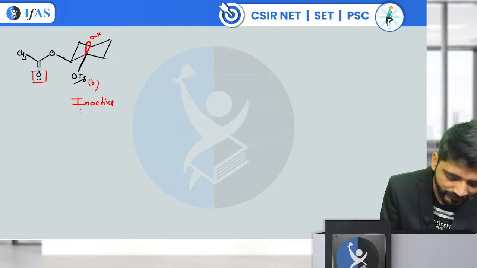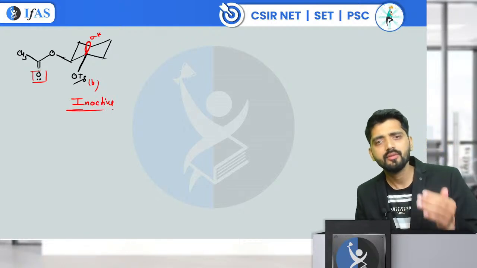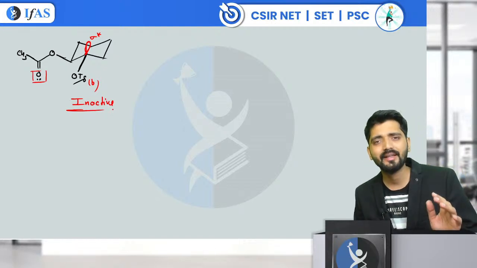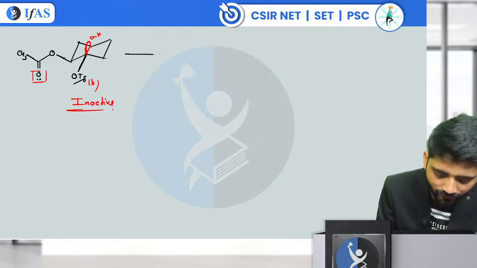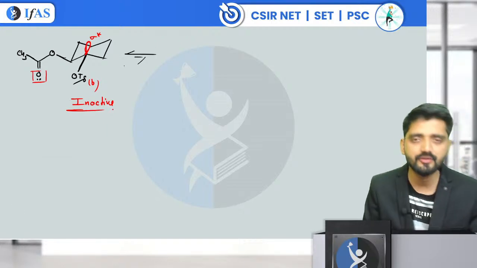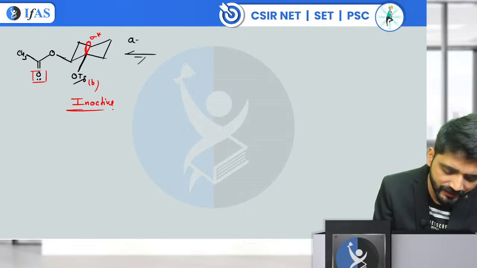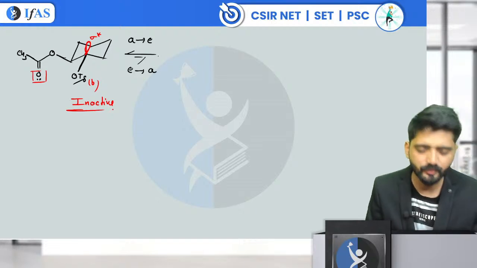which means this form is inactive towards the NGP mechanism. But we all know that every chair form does undergo flipping. It means this particular ring can flip. So it's our responsibility to flip this chair form. What do we do in flipping, sir? Simple. Every axial substituent becomes equatorial and every equatorial substituent becomes axial.